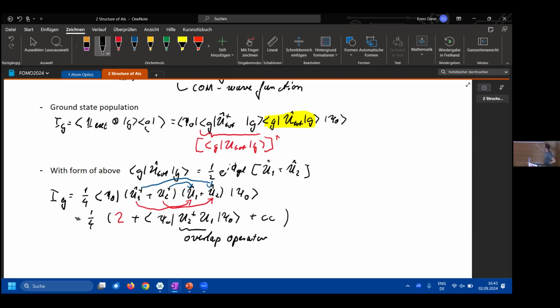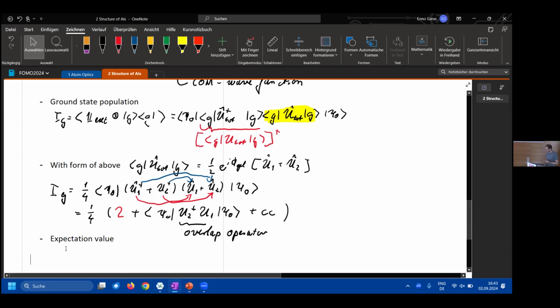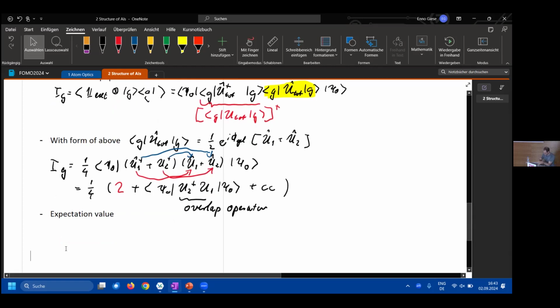This expectation value gives the propagated wave packets that overlap in the very end. In principle the overall interference signal is not a C number, but this expectation value is. So this expectation value of the overlap operator is what is of interest to us.